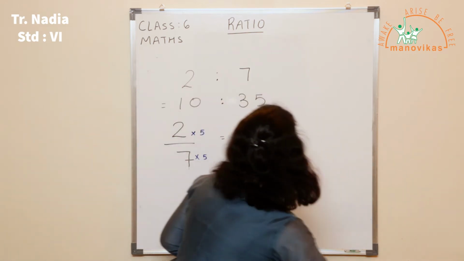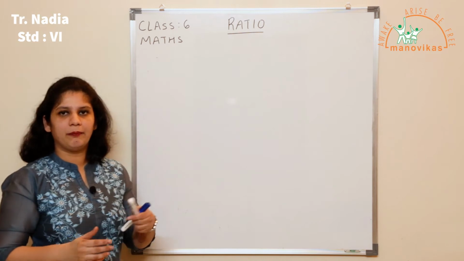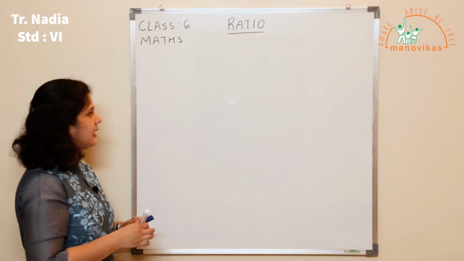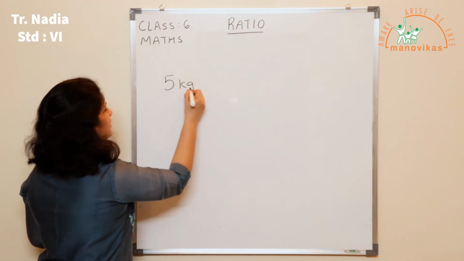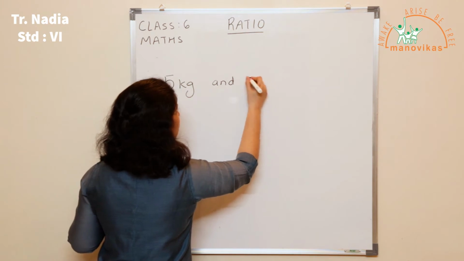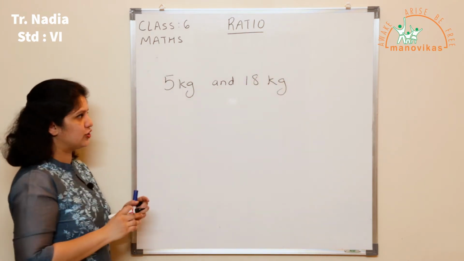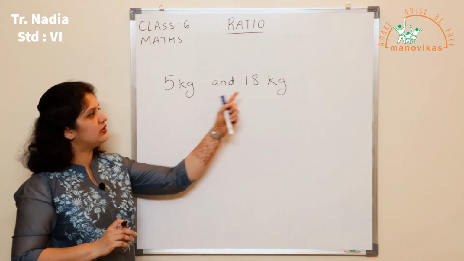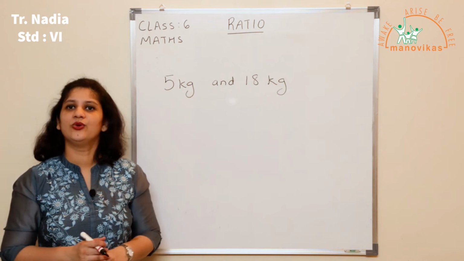Another important thing that you'll need to remember, say you want to compare the weight of two bags and I say the weight of my first bag is 5 kilos and the weight of my second bag is say 18 kilo. Express it as a ratio. They are both in kilograms, the units are same.